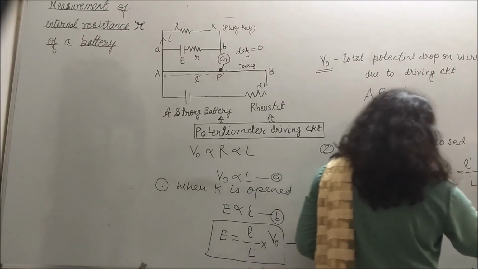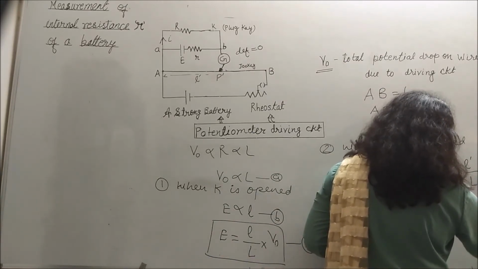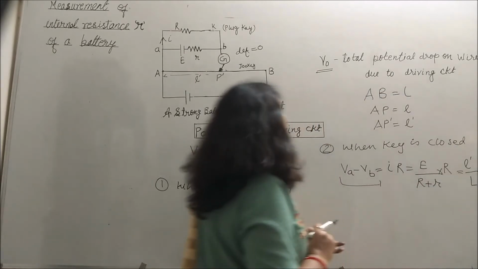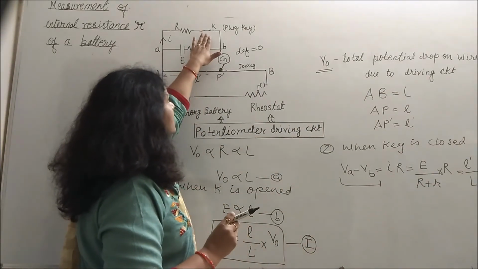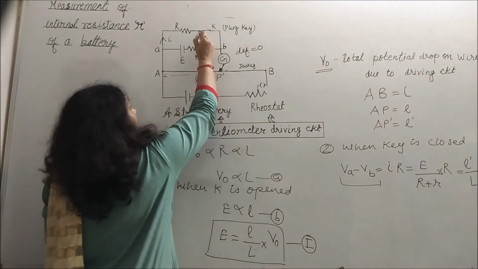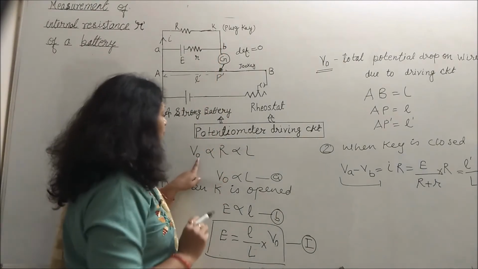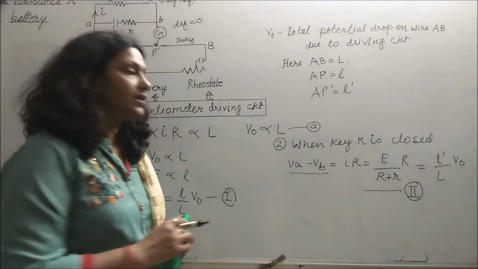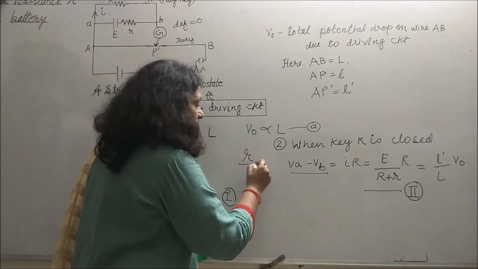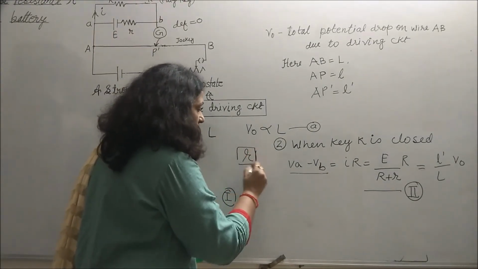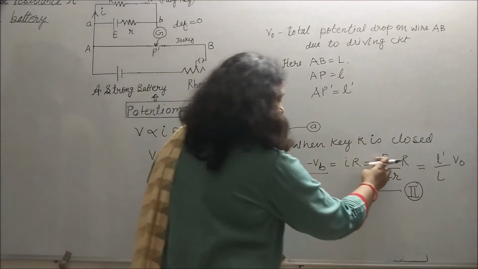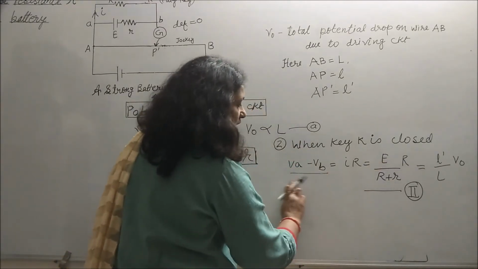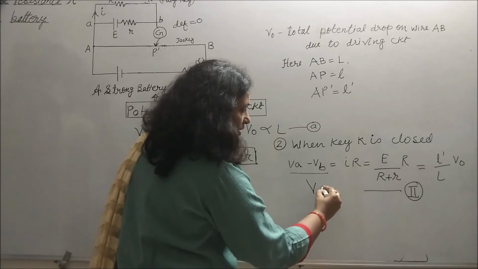So here we got equation number 2 by closing this switch and applying this formula, voltage proportional to length. So here we can find the internal resistance of the battery in terms of E and this potential drop, suppose it is V.